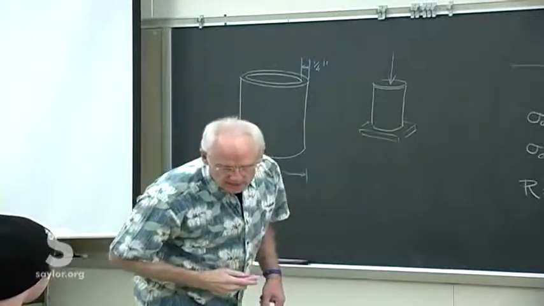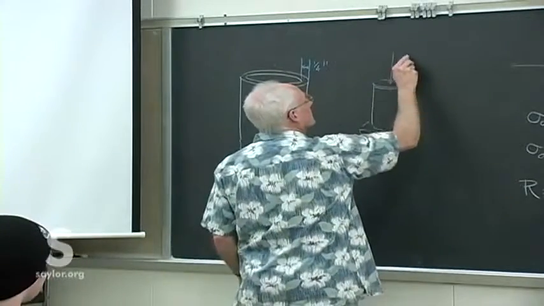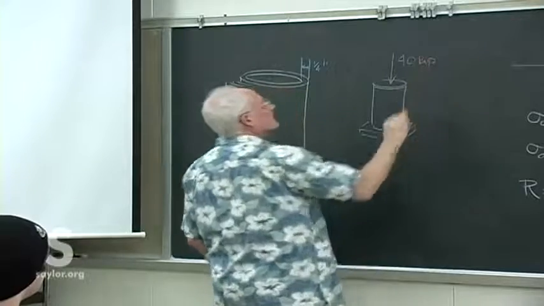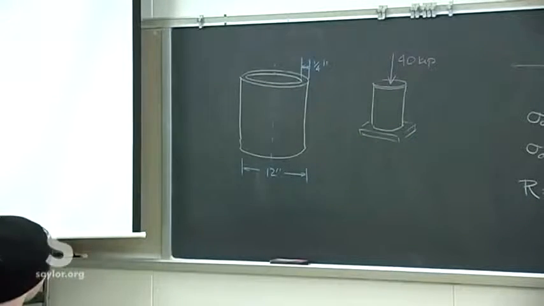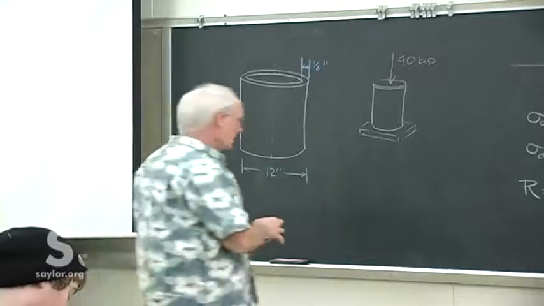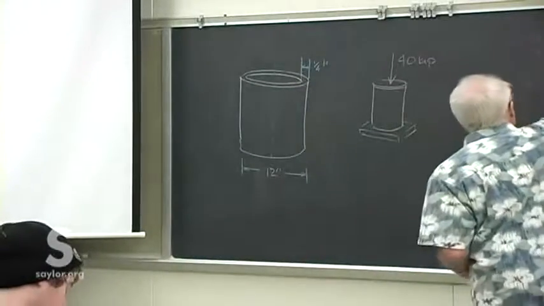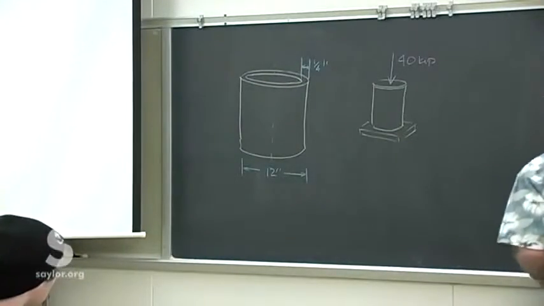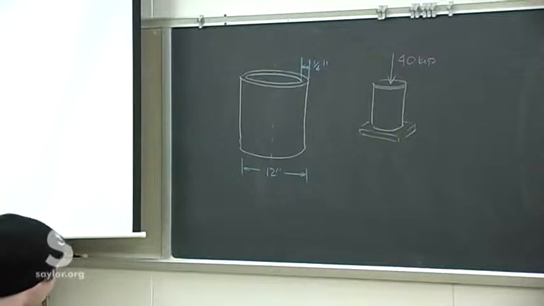So once loaded, it's going to look like that, and that'll be 40 kips. Now the deal is, this pipe was made by starting with a triangular piece of steel, rolling it up, and welding the seams together.